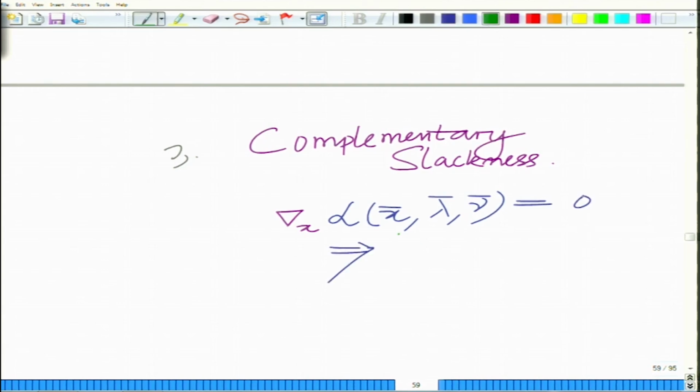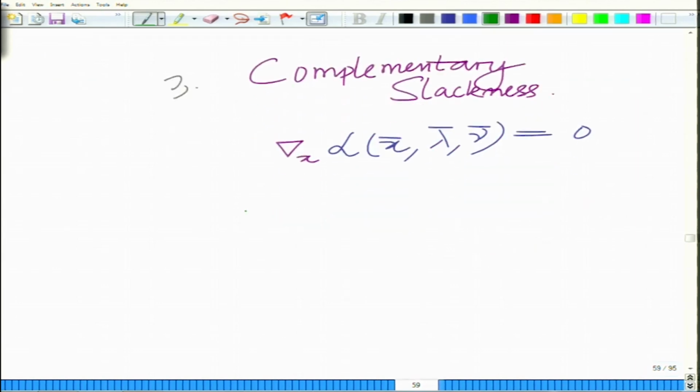This implies that the gradient of the Lagrangian vanishes, basically the gradient with respect to x, because remember at x bar this is the infimum of the Lagrangian, correct. At this optimal value x bar we have the minimum of the Lagrangian function. Therefore, the gradient with respect to x bar of the Lagrangian has to vanish at x bar. Okay.